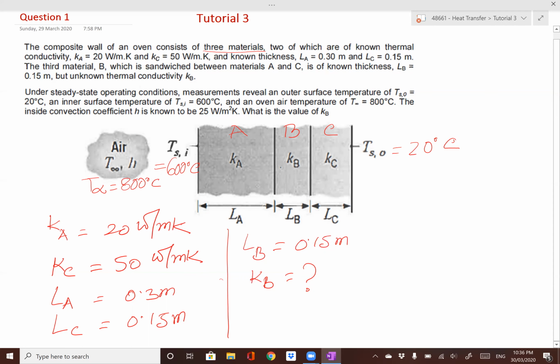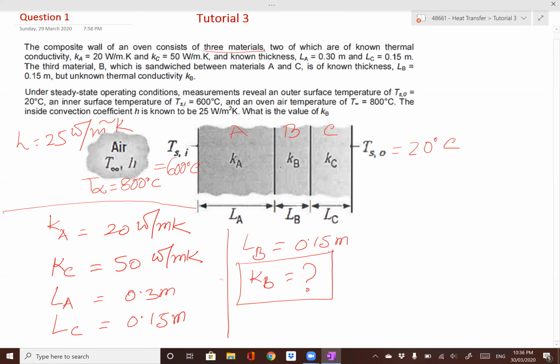Also the oven inner convection heat transfer coefficient given is 25 watt per meter square Kelvin. Now what is the value of Kb? So we'll find out the material B thermal conductivity.